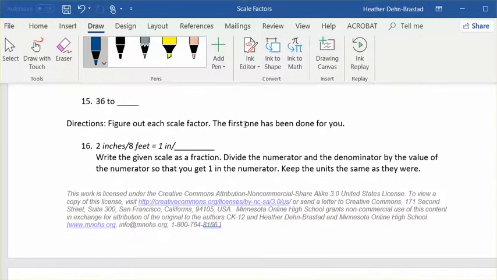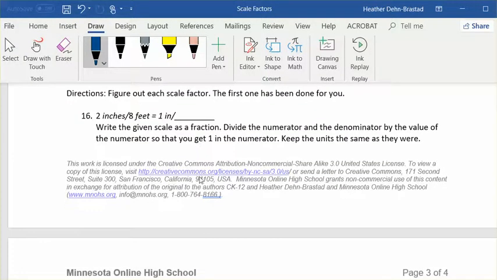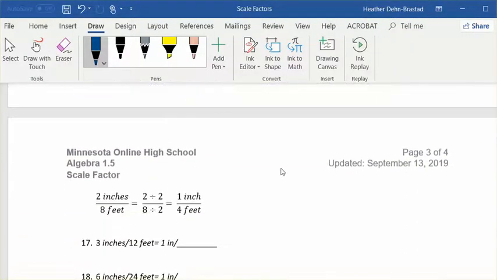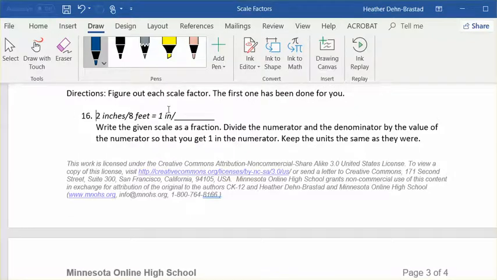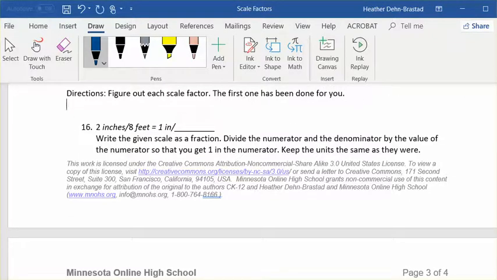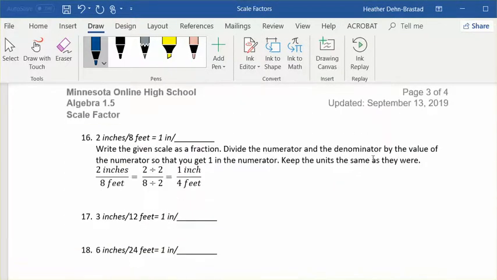All right, on the next section, it says to figure out each scale factor. And again, I've done this one for us. So 2 inches over 8 feet equals 1 inch over, and you might be able to do this in your head. I wrote this one out as a fraction using the equation editor again, so it'd be easier to see how I did this. So 2 inches over 8 feet.